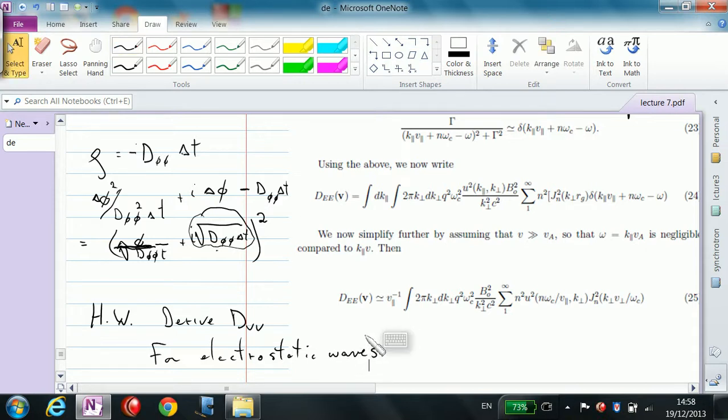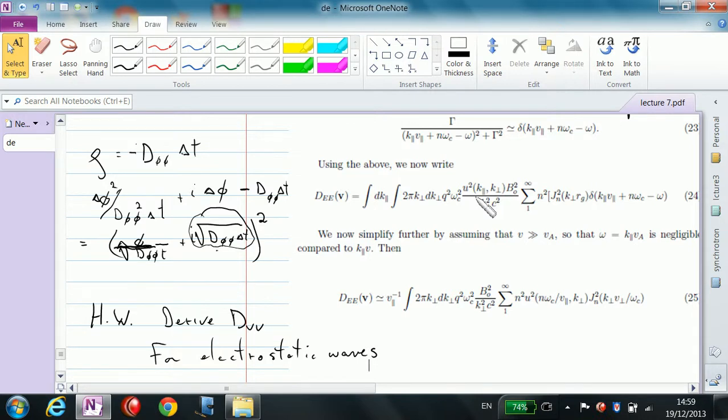Which is what I was going to do if my notes had been put here. But I think it's better if you do it. You just go through all these. It's much easier than what I did here because there are no Bessel functions.